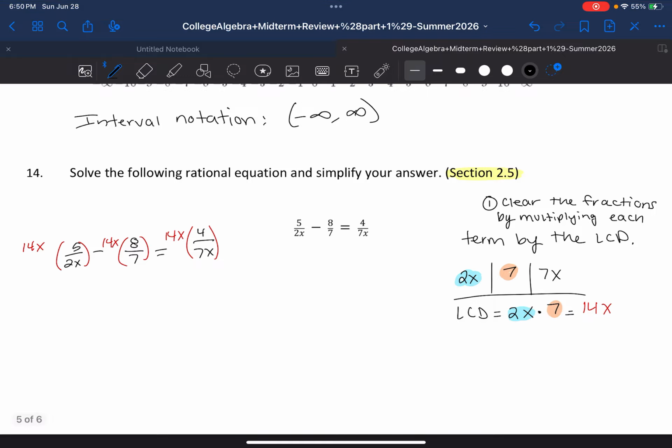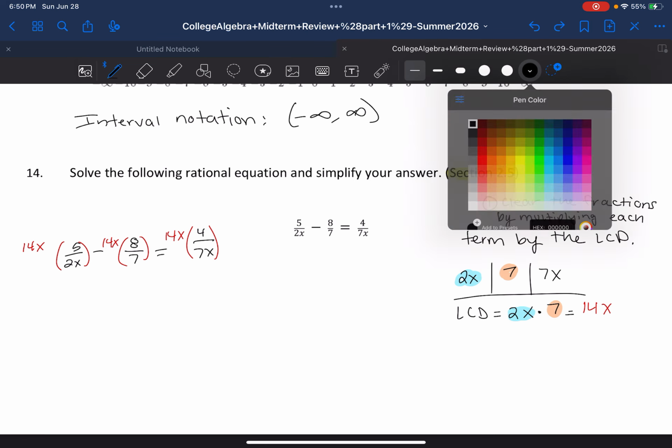So whenever you do this, after you figure out what the least common denominator is, and you can write it like this, where you're multiplying each term in the problem by the 14x, now you're going to divide that 14x by each denominator. So what do I mean by that?